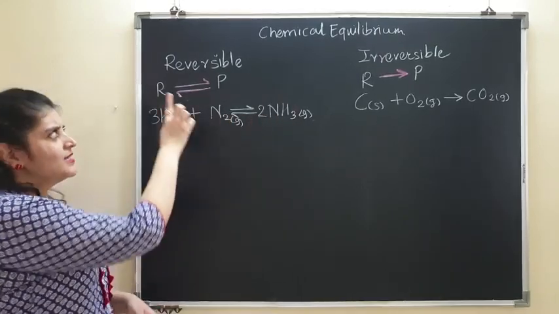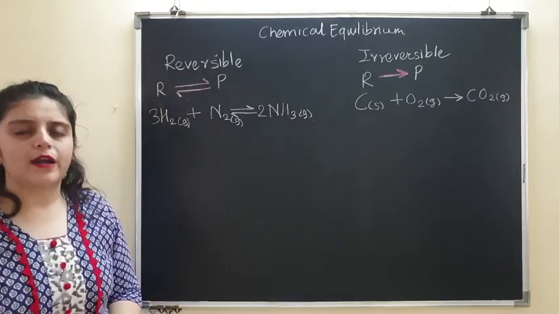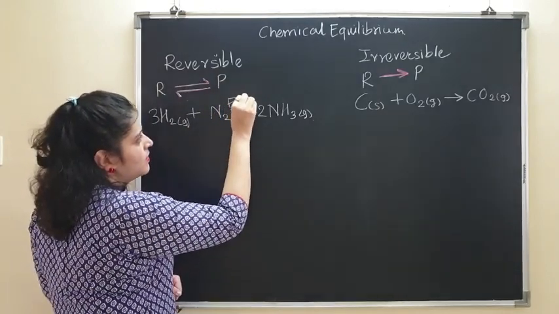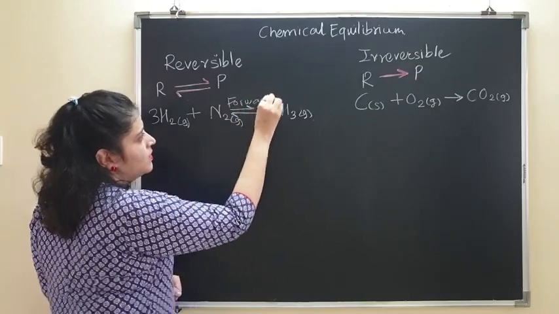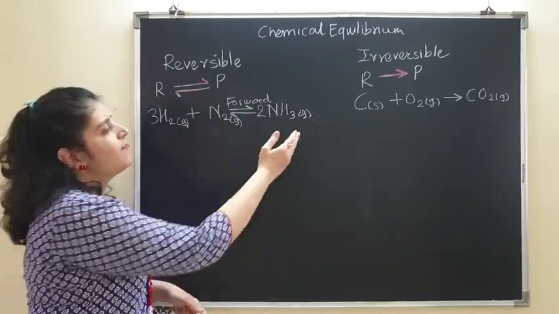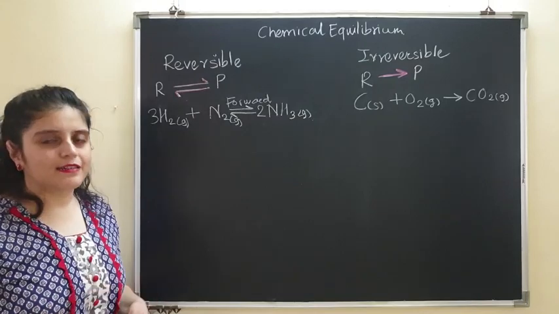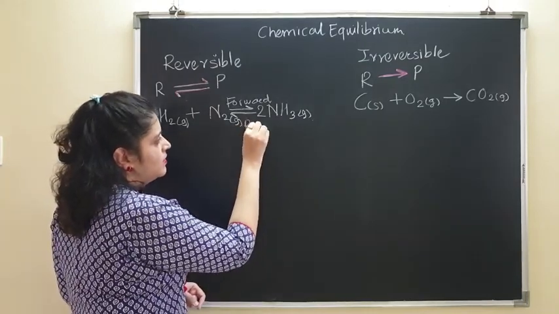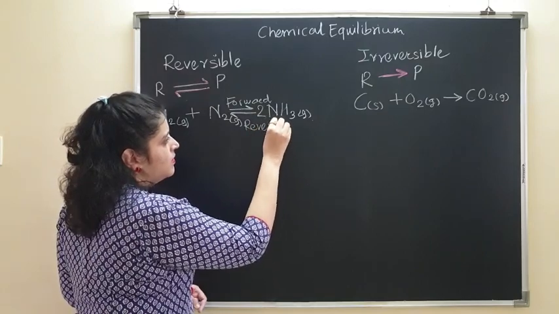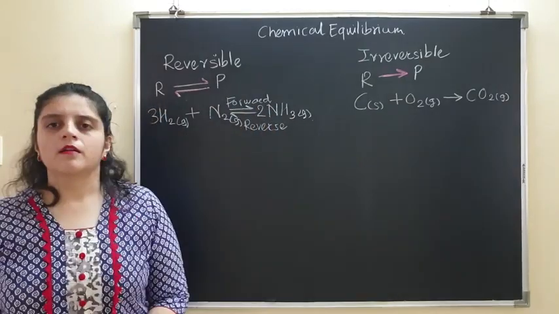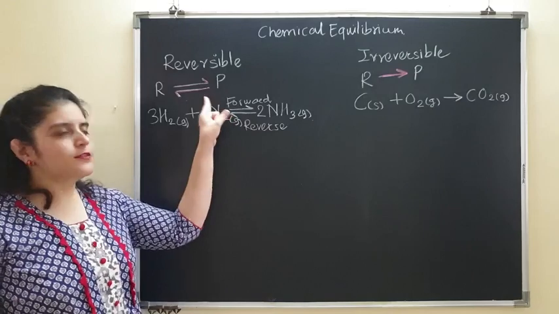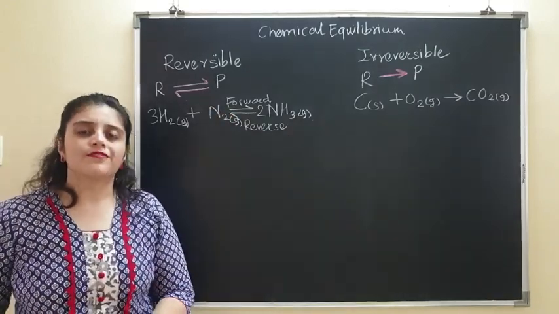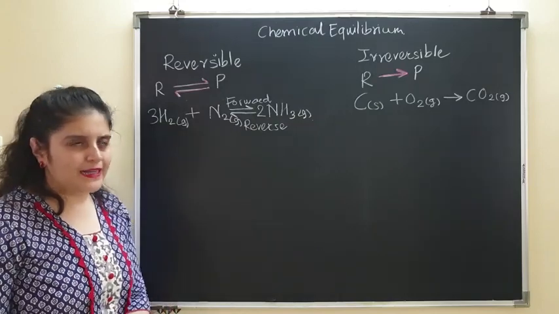So this direction of reactant to product is called as a forward direction. And the direction when products are forming the reactants back is called as reverse direction. Or we can also call them as forward reaction and the reverse reaction. Both of them are taking place simultaneously.